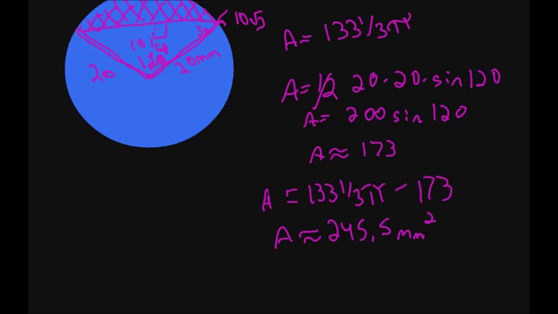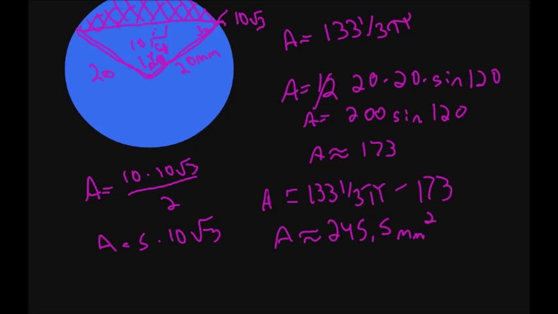So the area of that triangle would be base times height divided by 2. So that would be 10 times 10 square roots of 3 divided by 2. So 10 divided by 2 is 5, times 10 square roots of 3.